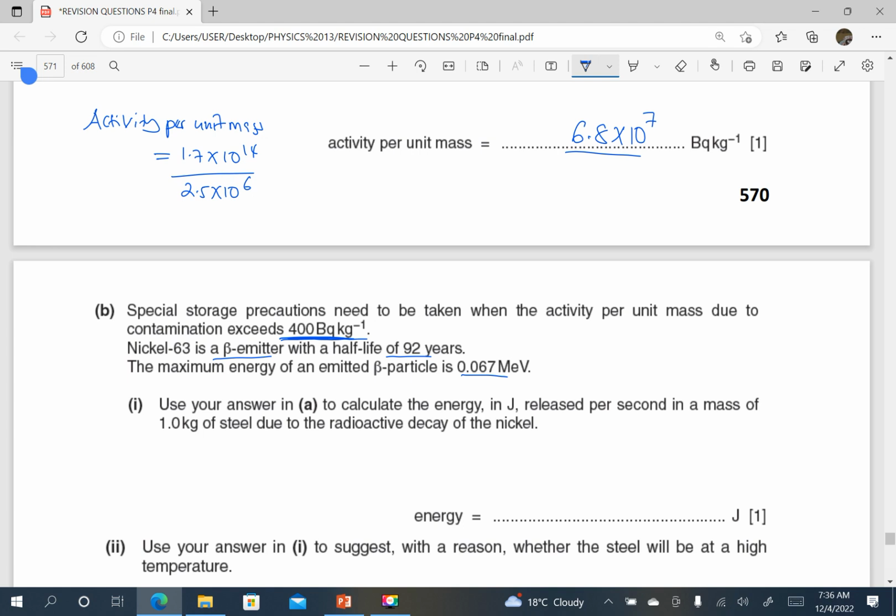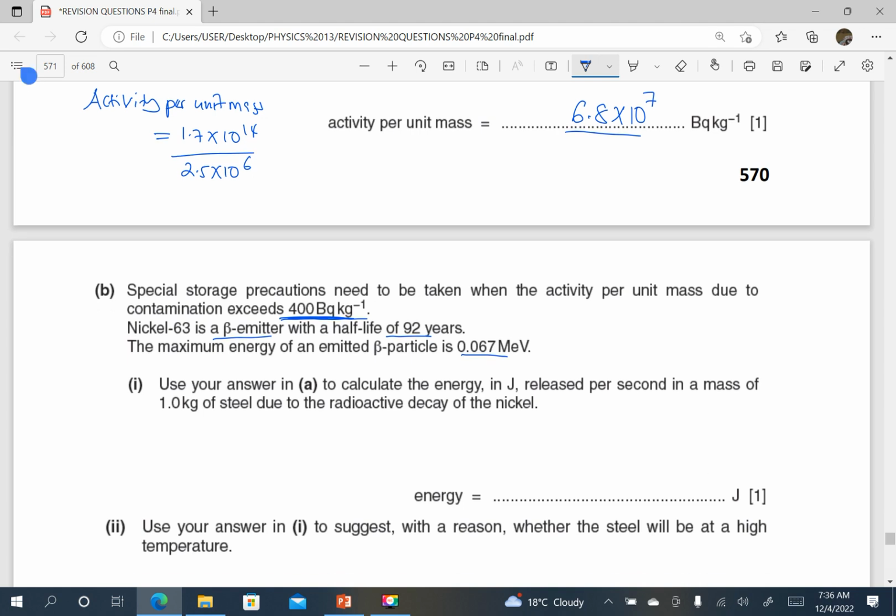That's what it means. This is just a simple analysis for people to see. So 1 kilogram of steel, according to the activity, emits 6.8 times 10 power 7 particles per second.